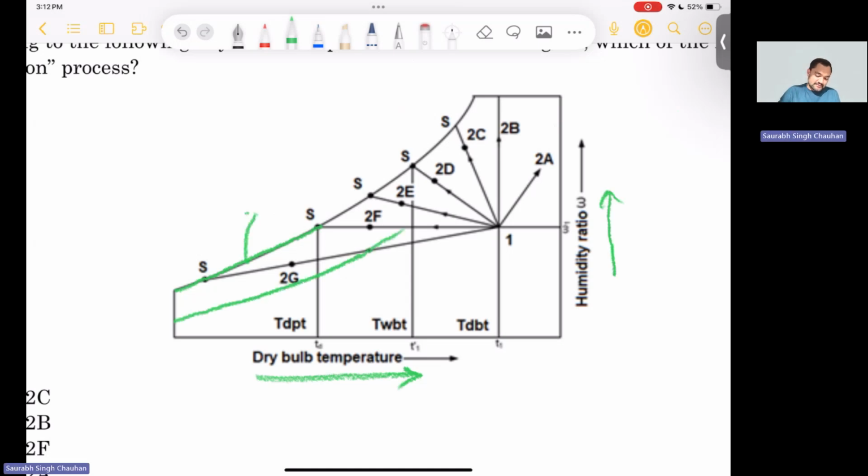These lines are relative humidity lines. Okay, and there are some constant volume lines, and there are some constant enthalpy lines. Okay, and so on.